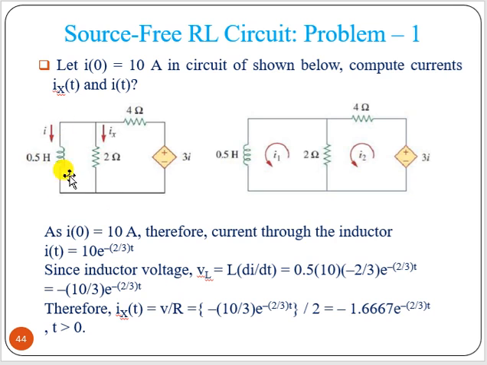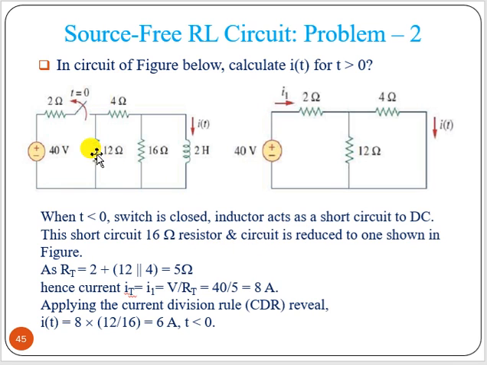Now this VL is equal to VR, because these two are in parallel. So Ix will be nothing but this V divided by R. So we divide it by R, and we got the current Ix. So we got the values of i and Ix.